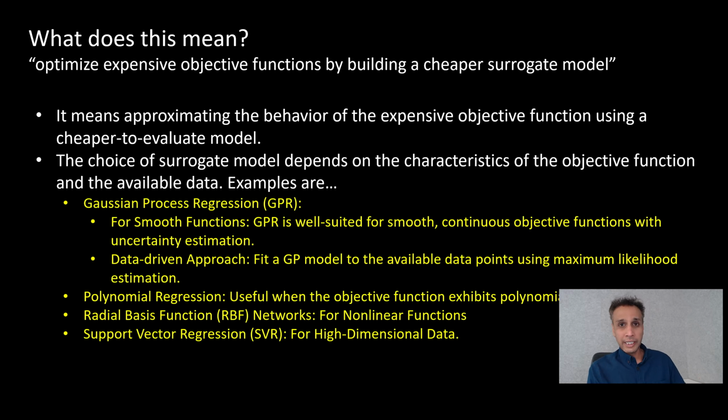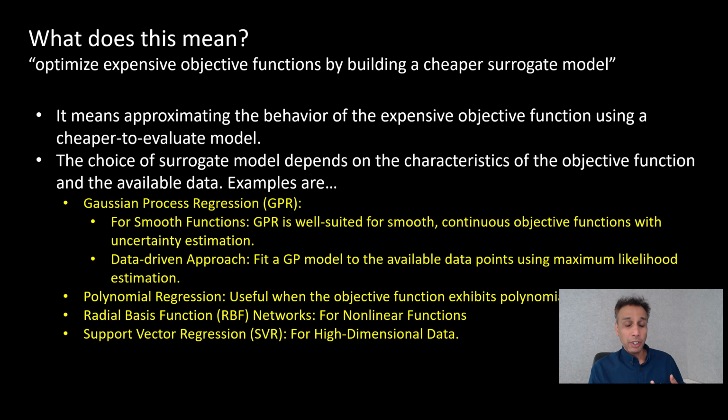How do you know what this model is? Well, there is a lot of text here, but the choice of the surrogate model, which model you want to pick, depends, of course, on your objective function. For example, Gaussian process regression is the most commonly used because it's good for smooth functions, and it's a data-driven approach. Again, I'll let you read what else is on the screen, but this is what it comes down to.